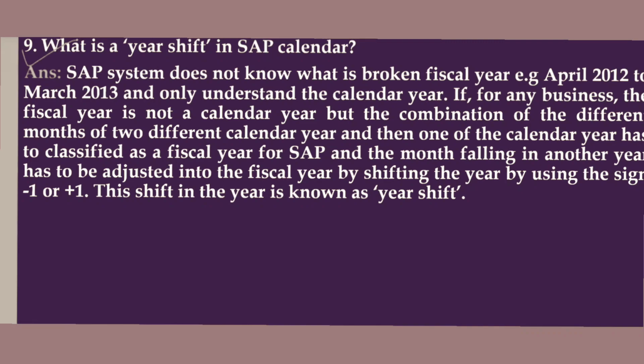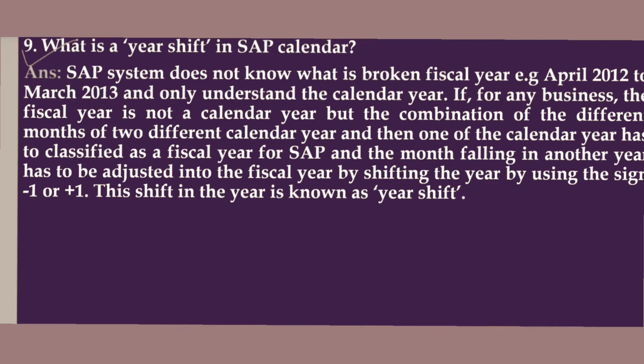If for any business the fiscal year is not a calendar year, but the combination of different months of 2 different calendar years, then one of the calendar years has to be classified as a fiscal year for SAP, and a month falling in another year has to be adjusted into the fiscal year by shifting the year by using the sign -1 or +1. This shift in the year is known as year shift.